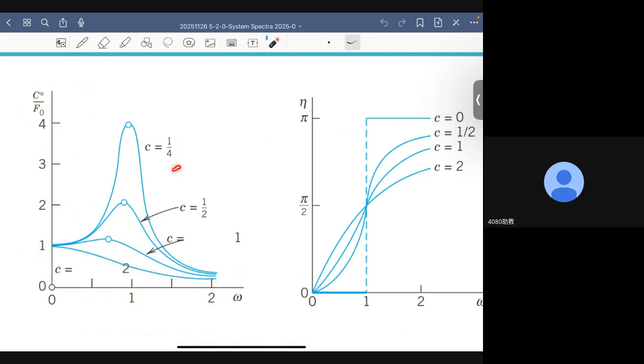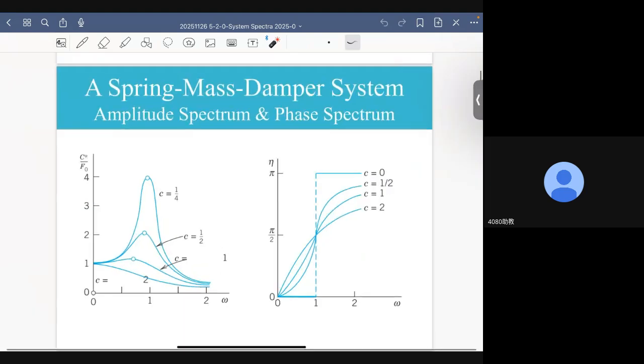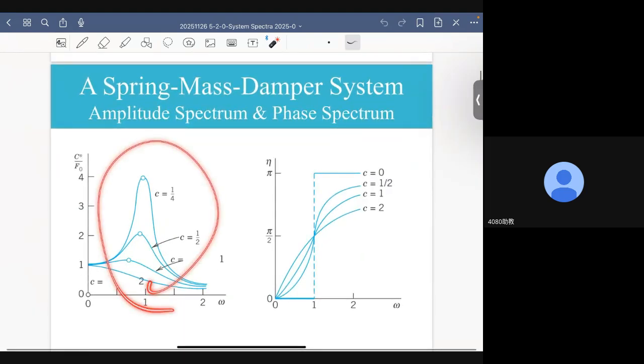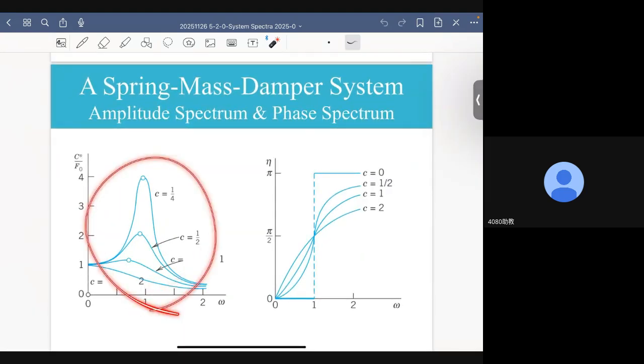However, if zeta is equal to 1/4, okay, it will increase in the first phase and then decrease as the frequency becomes higher and higher, all right? So nevertheless, okay, this represents the amplitude spectrum or the frequency response of the system.